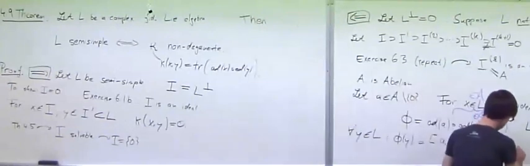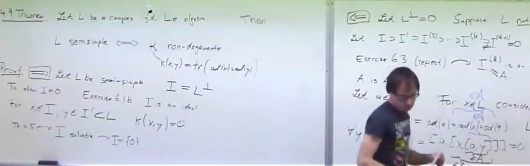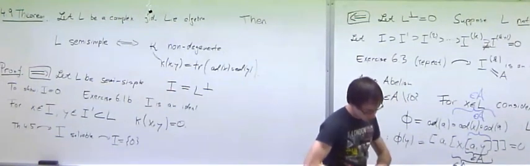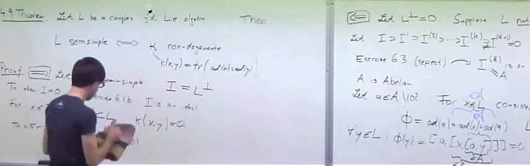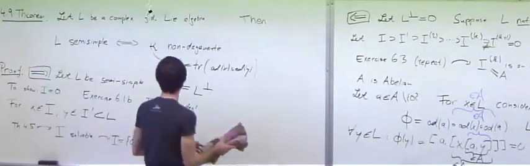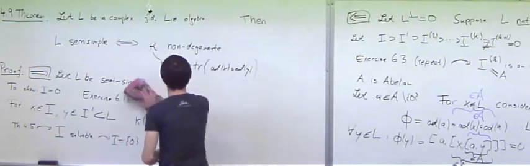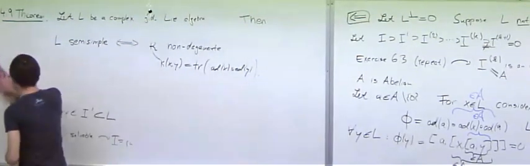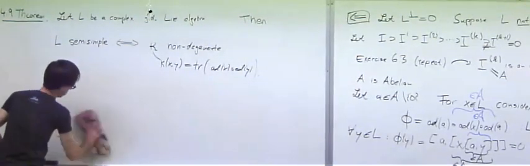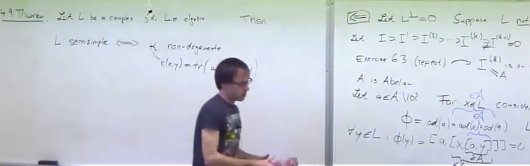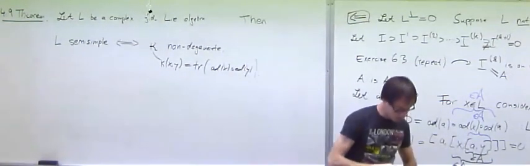And A was abelian, so this is 0. Okay. So somehow we defined this magic map and showed that that's just the 0 map.